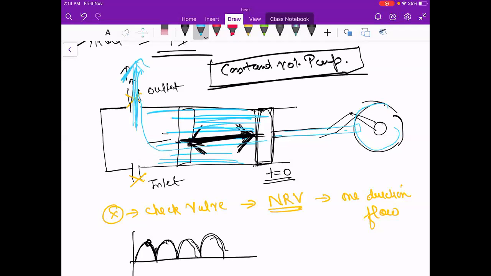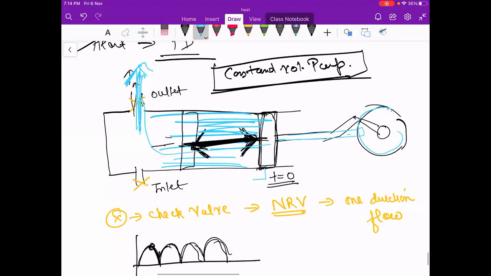So the amount of fluid the piston is pushing when it goes from here to here, from time t equals 0 to some time t equals t, is always the same.